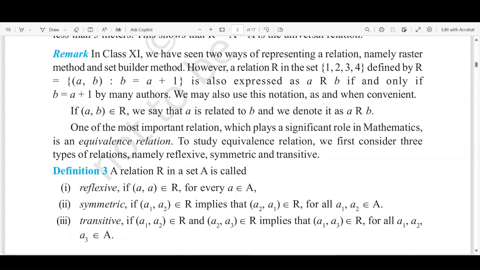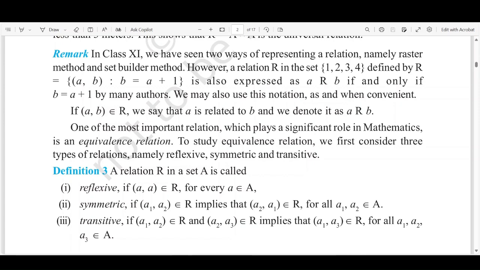Before getting into that idea, we should know the following terms: reflexive, symmetric and transitive. A relation R in a set A is called reflexive if each and every element in the set A is related to itself.